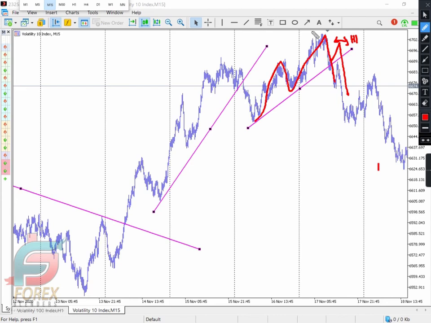But in this case, your stop loss could be above here, making your stop loss wide, and then the structure does not follow the instruction of the strategy. So that one, no.